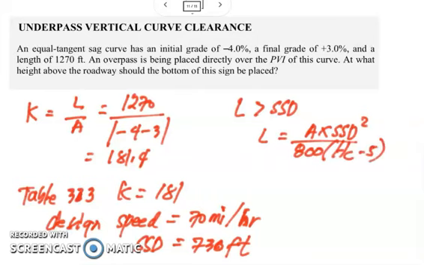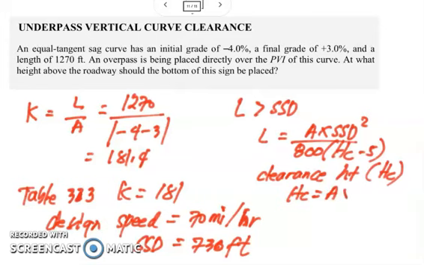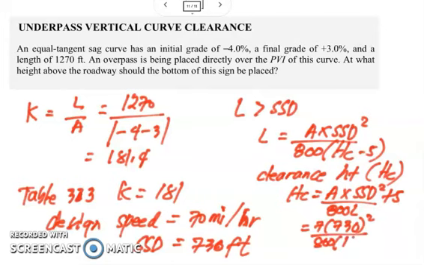From this equation, we're going to get the value of the clearance height. The clearance height, H_C, will be equivalent to A times SSD squared all over 800 times L, plus 5. Therefore, we have 7 times 730 squared all over 800 times 1270, plus 5.